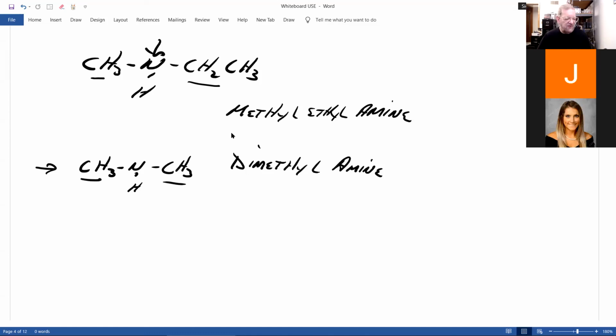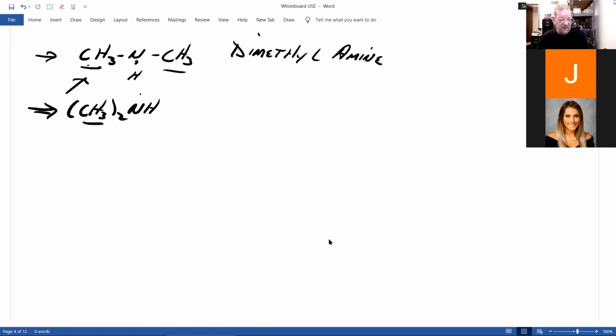We're lazy. So if they're 2 of the same thing, we use bracket (CH3)2NH. Doesn't matter which side you put the hydrogen on, as long as it's not on this side. And this is the preferred way of drawing this compound, and you should be familiar with it. And that also plays a role in nomenclature.